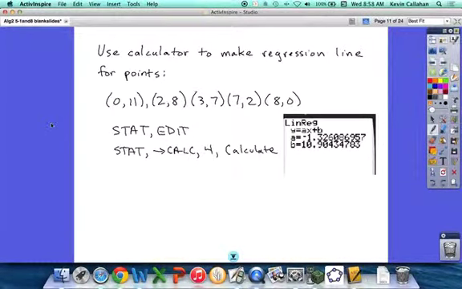So I would write it as y equals negative, and you're going to have to round off a little bit, negative 1.33x plus 10.9. Something like that.